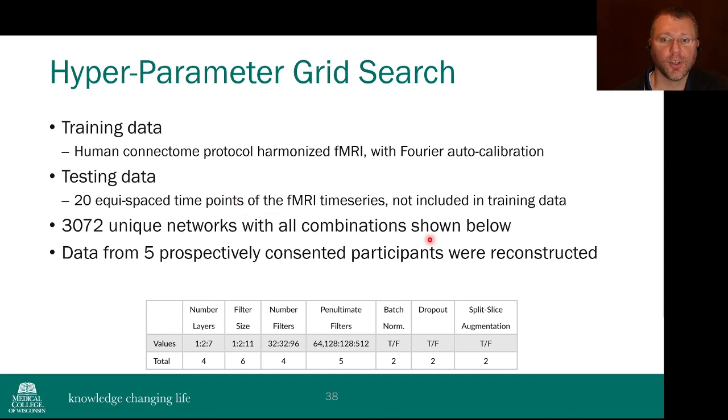And of course, that testing data was all not included in the training data. To look at the various hyperparameters, we had a few less here than we did when we looked at the slice ARC parameterization, with about 3,072 networks with values, as you can see, that are here. And again, we did this on 5 prospectively consented participants.